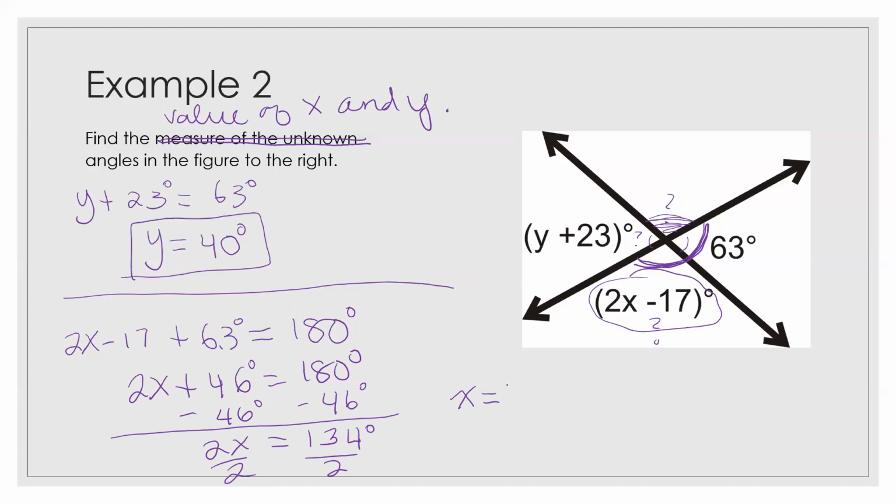Well, I would think 120 divided by 2 is 60, and then 14 divided by 2 is 7. So I have x is equal to 67 degrees. And there you have it. That's how we are dealing with vertical angles.